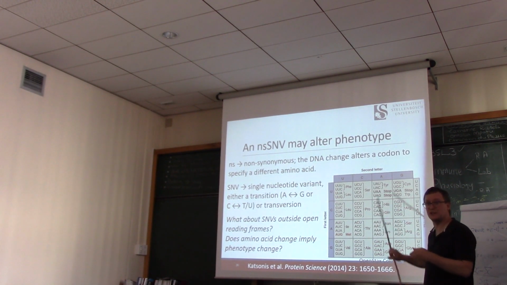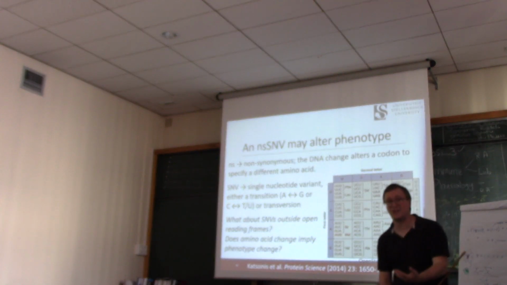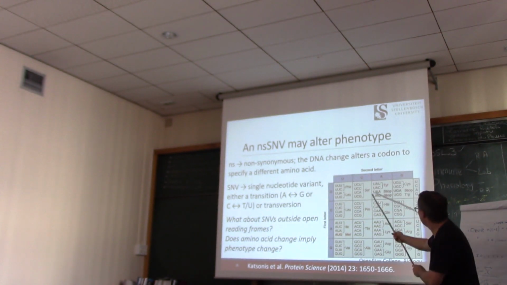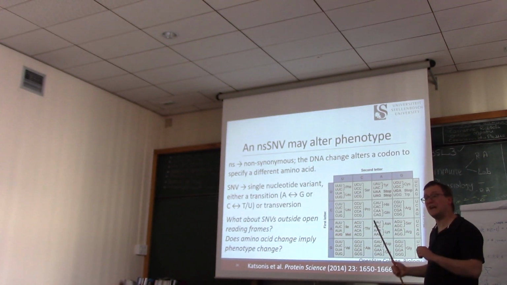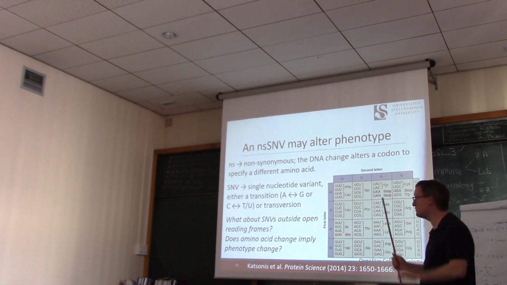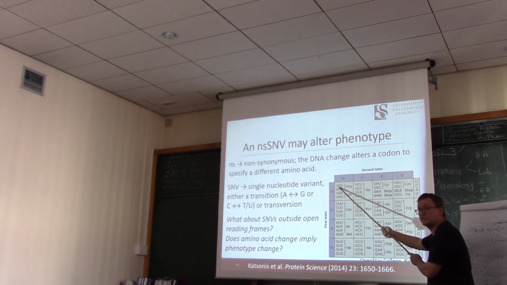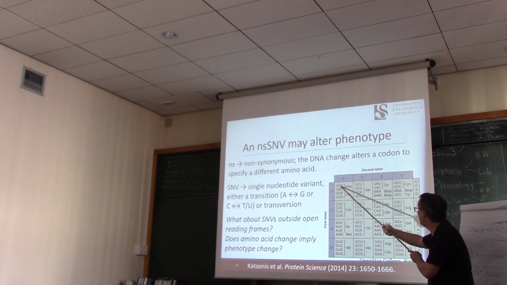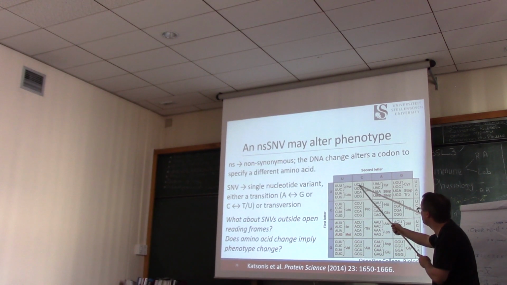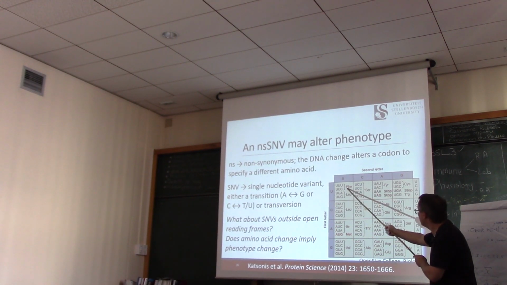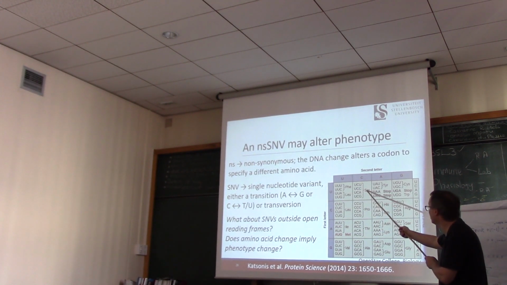There's no difference from the perspective of the polypeptide that would be coded for by changing that. So if we're going to have a non-synonymous mutation or variant, we're going to have to change something like this middle U for this UUU codon to something like UCU. You see that changes us from phenylalanine to serine.